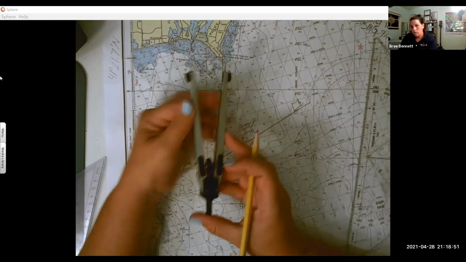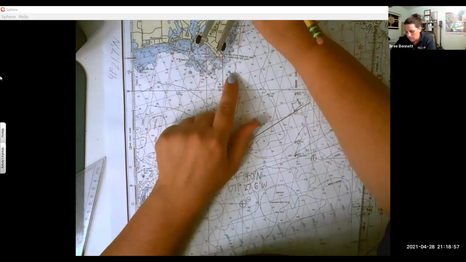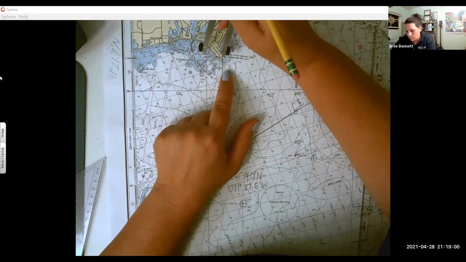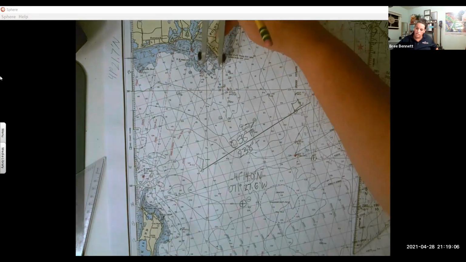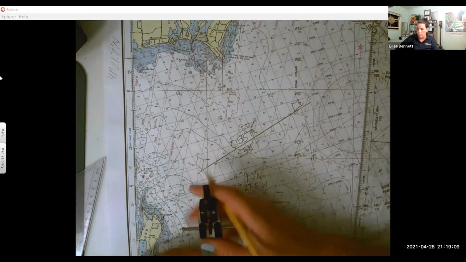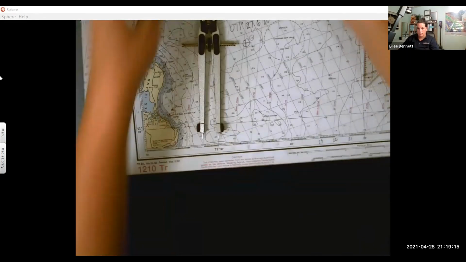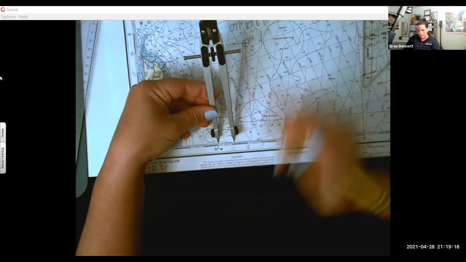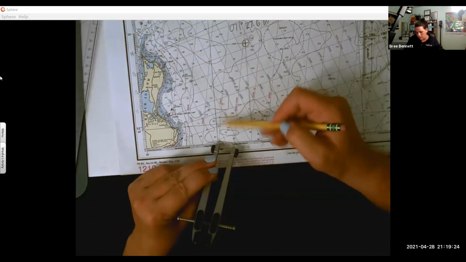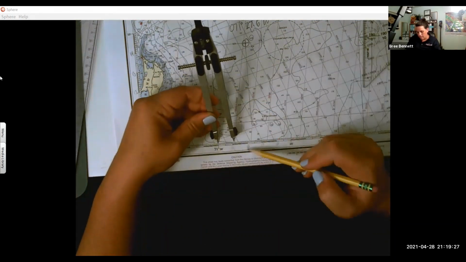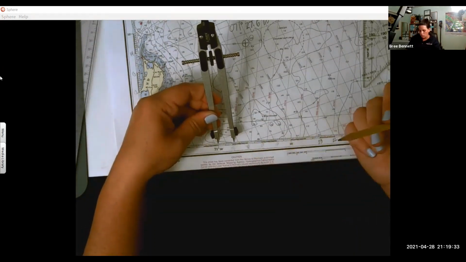For my longitude, I get my measurement, bring it all the way down from my 071 line, right? That's the line that I measured it from. I am at 28, 29, just shy of 28. So I'm going to call it 28.9.